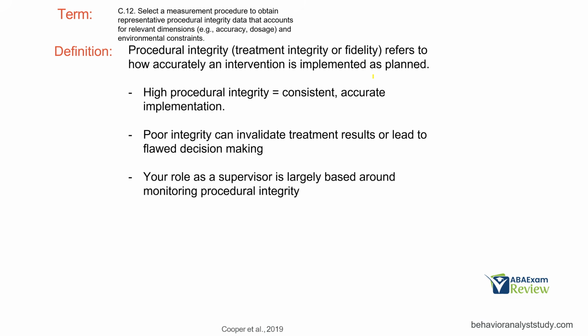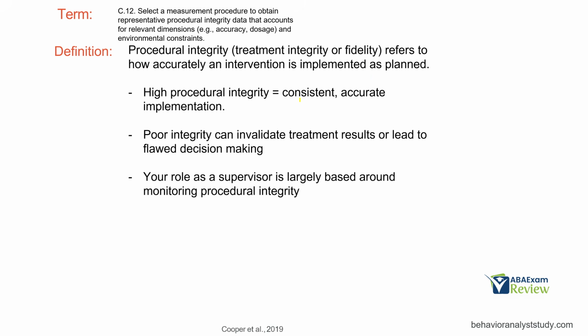Whether the observer changes, whether the measurement changes, whether the target behavior changes. And if those changes aren't intentional, meaning we didn't plan on those changes, that is going to hurt the integrity of our treatment or our intervention.